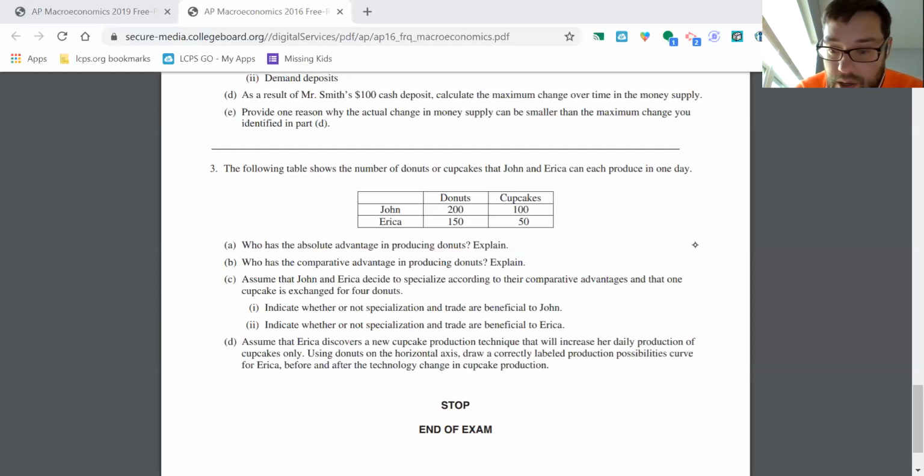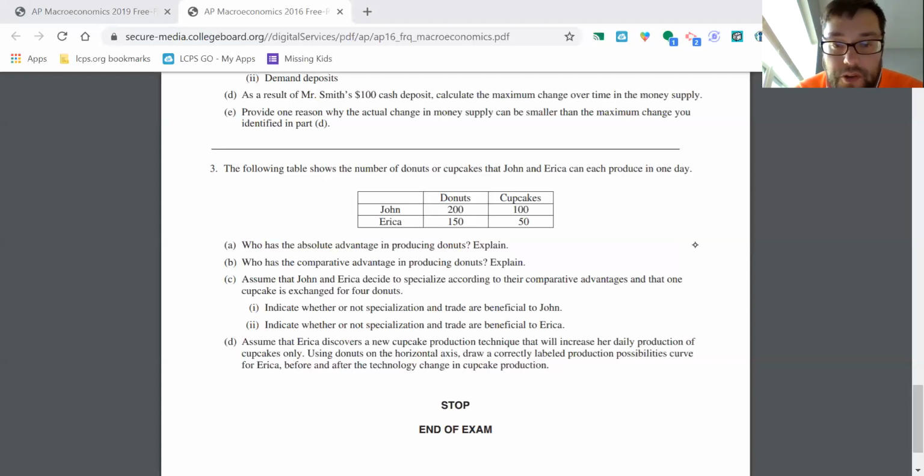Okay, so they said donuts down here, and cupcakes up here. So Erica initially could produce, let's see, what is it, 150? And then it was 50 cupcakes, right? So this was her initial PPC.